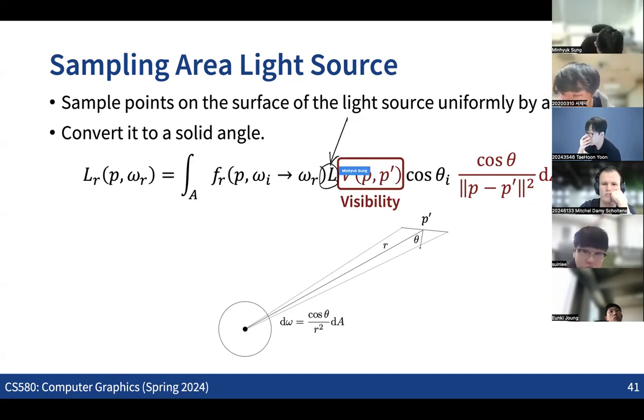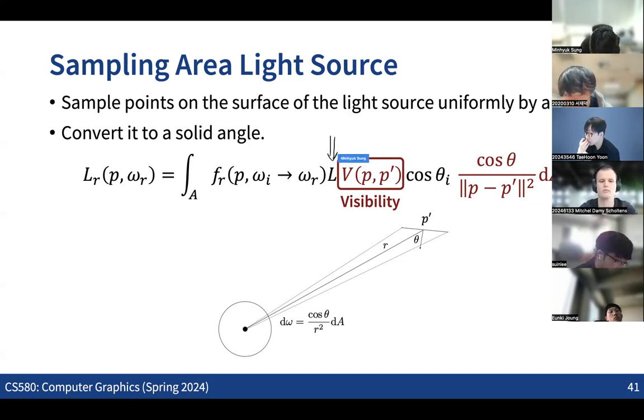We are assuming that the incoming radiance coming from any point of the area of the light source is the same, so we have a constant incoming radiance here. And then we can also easily plug in the visibility term for whether there is an occluder or not. So this is an additional term to calculate the visibility.